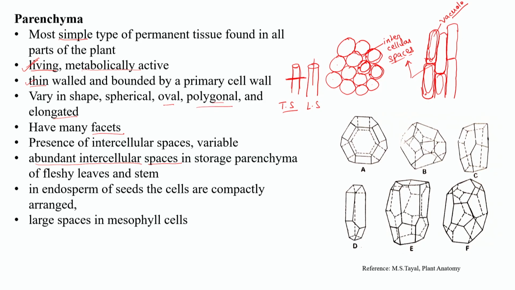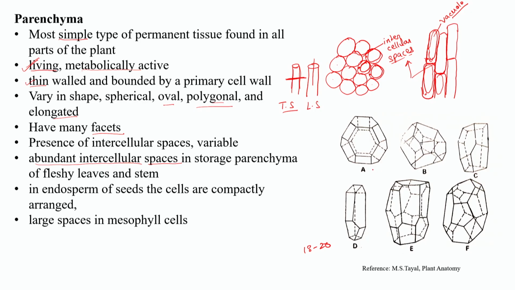Means they will have different sides or different facets attached to the surrounding cells. Now, this figure shows how many different facets or sides there could be in a parenchymatous tissue, and you can see 18 or 20 sides could also be visible.